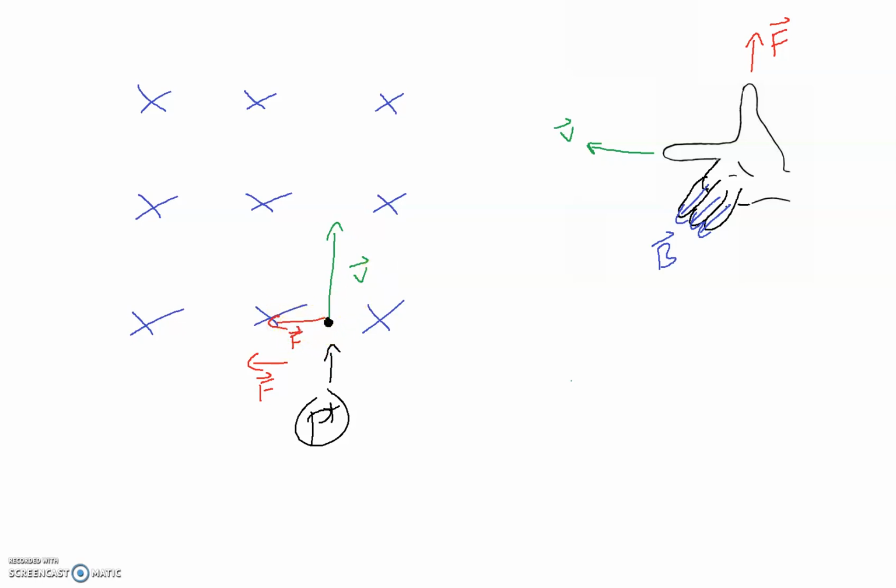Well, those two things are perpendicular to each other. And since the force vector is perpendicular to the velocity vector, it can't actually make it go faster or slower because they're perpendicular. All this can do is allow it to actually change direction. That's all it can do because they're perpendicular. Well, you've had this type of thing before.